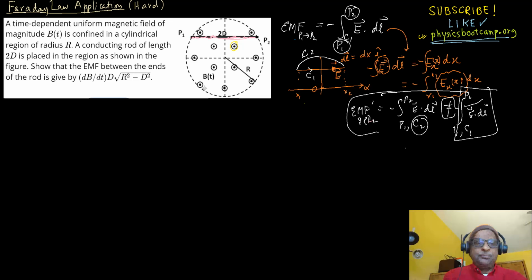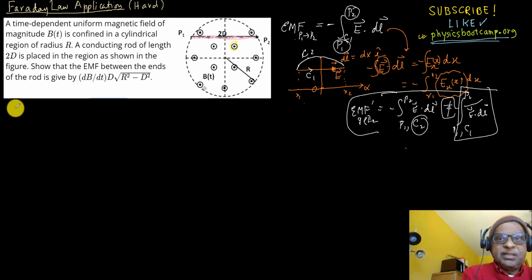So what do we have? How do we proceed? Well, we need to figure out the electric field, and the only thing here is we can try to figure out the circulation of the electric field.